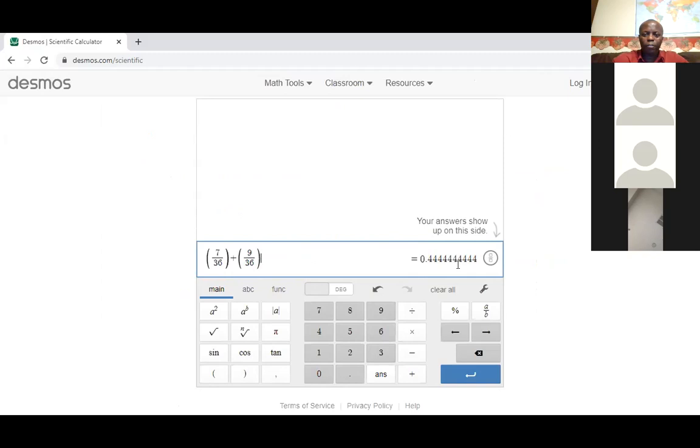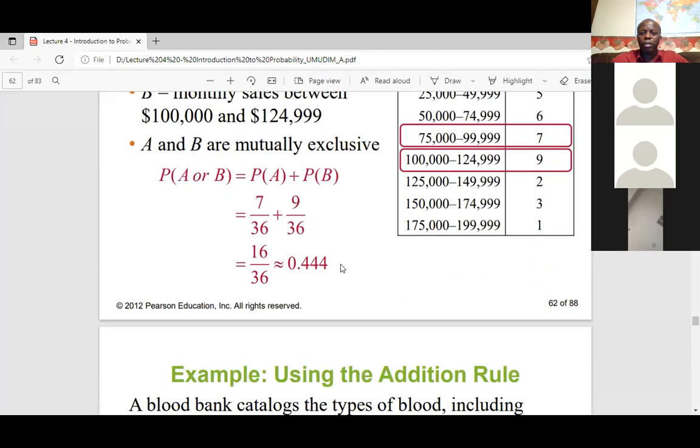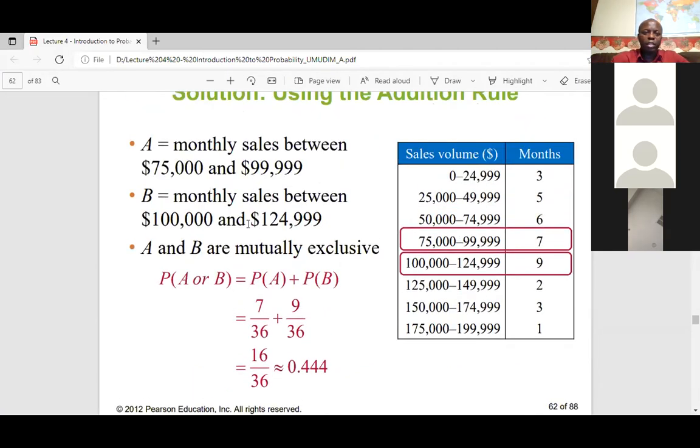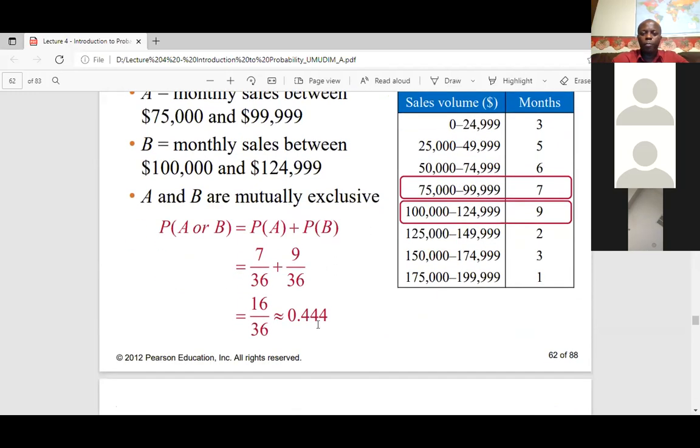That was 0.4444. So that means 44.4%. So that's why you get the answer here as 0.444. So the probability that he reached this sales volume within the next month is 44.4%. If you have a question, you can ask me.